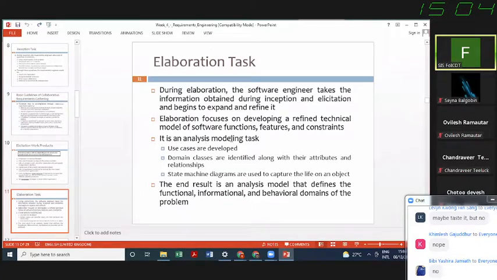It is an analysis modeling task. So use cases are developed. Domain classes are identified with the attributes and relationships. We can have state machine diagrams to capture the life of an object. These are perhaps more technical diagrams.